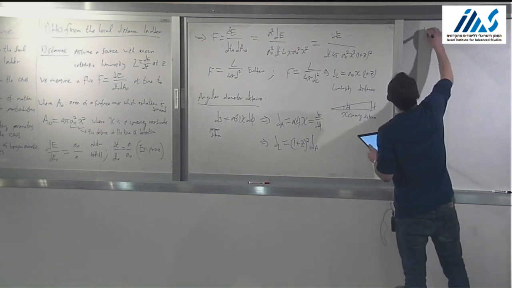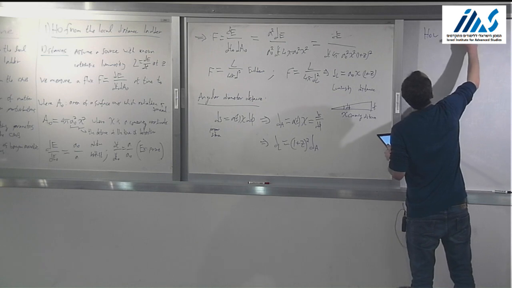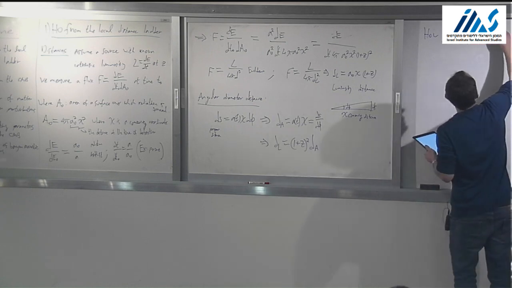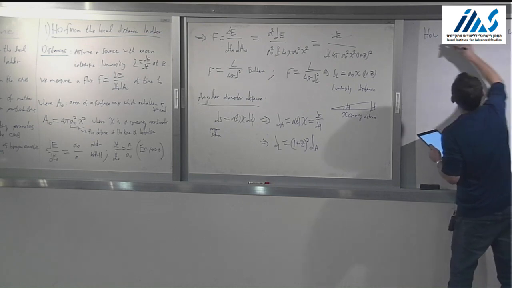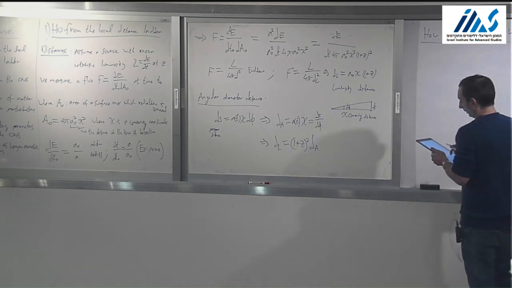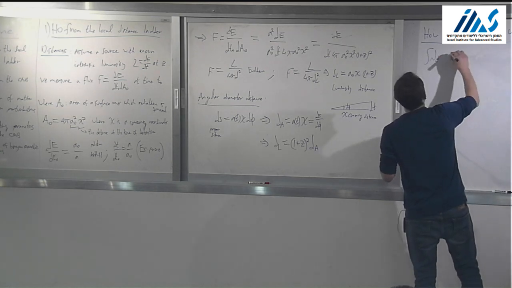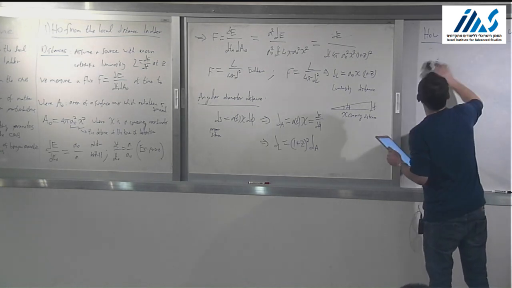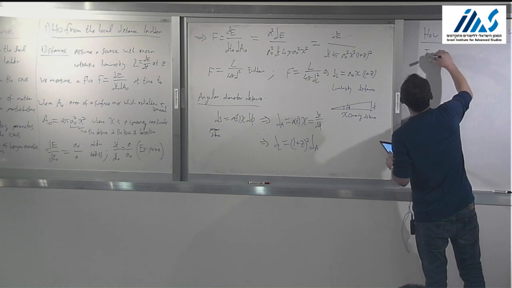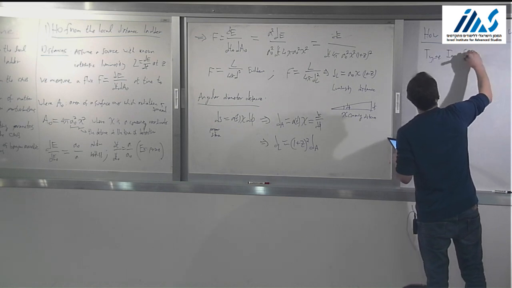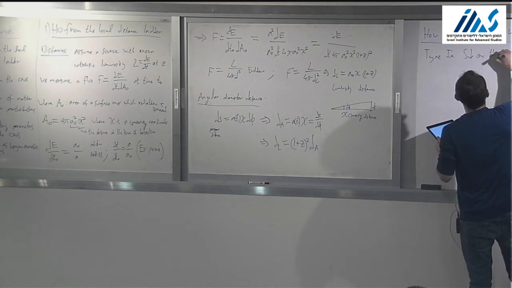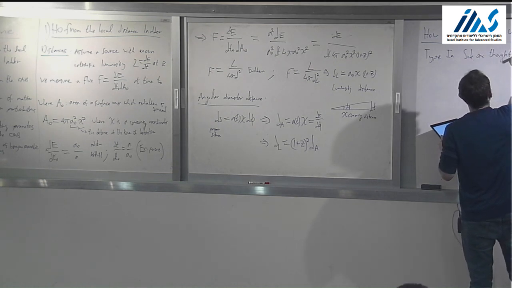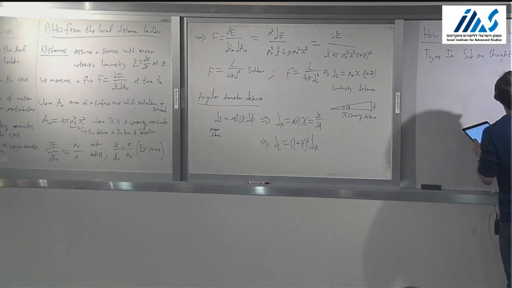Okay, now the question is how to measure H naught with supernovae. So it turns out that supernovae, specifically type 1a supernovae, are thought to be standard candles.